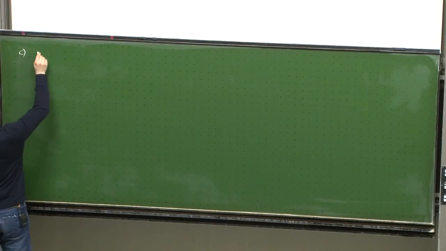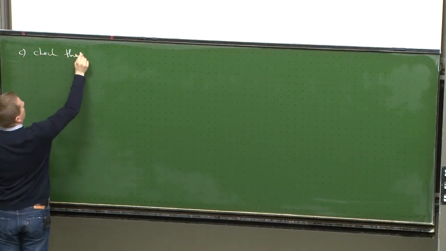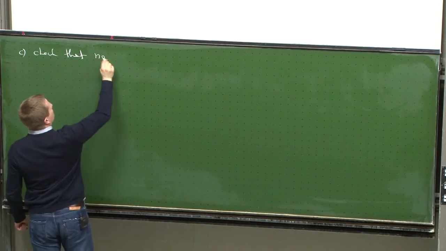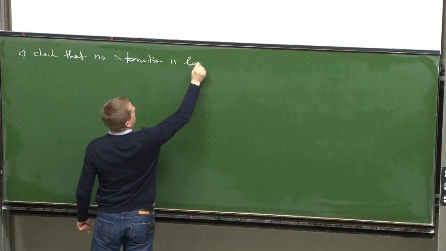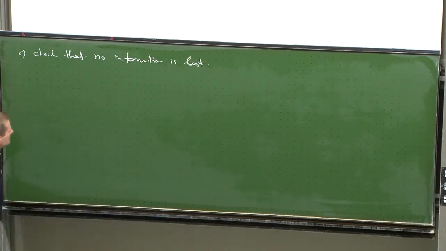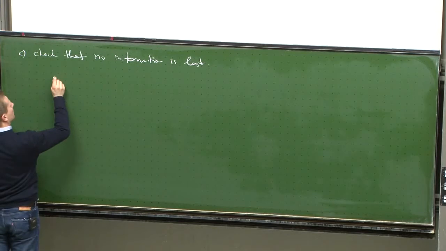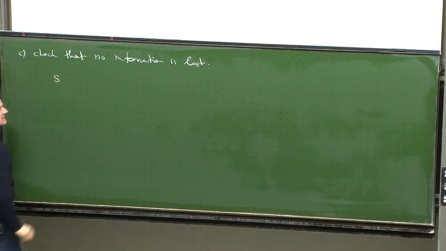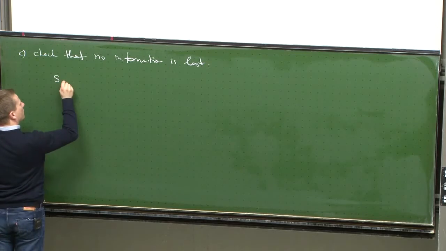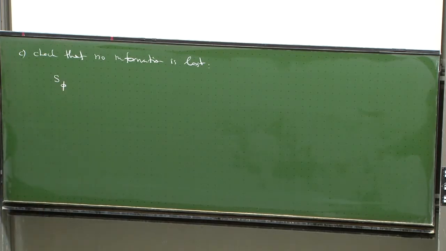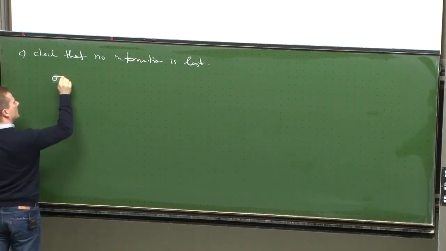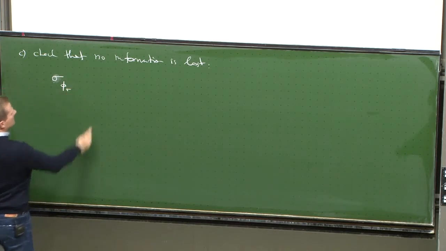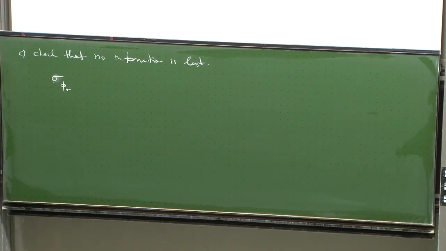So step C: check that no information is lost. How do we check this? We construct a section from an F-valued principal bundle function, which in turn has been constructed from a section sigma.